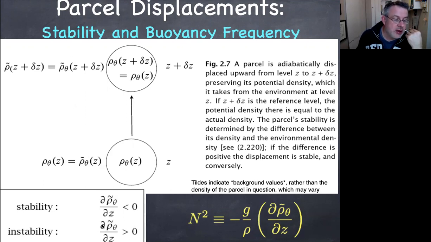If, on the other hand, the vertical derivative of potential density in the background was positive, then when you go up here with your same potential density, you would find yourself light relative to its environment. And when it is light relative to its environment, it would continue going. So there is, depending on this gradient, a sense of stability to displacements in the vertical or instability to displacements in the vertical.